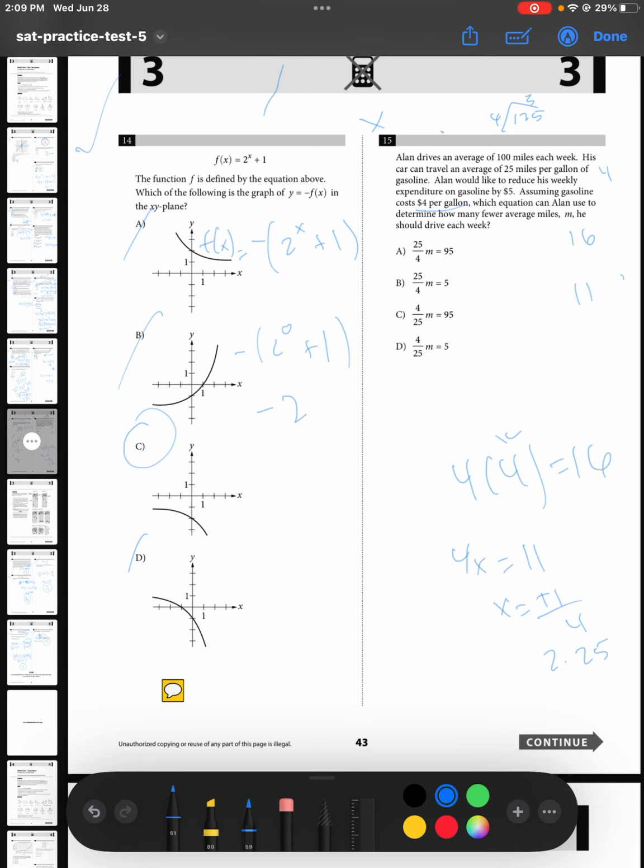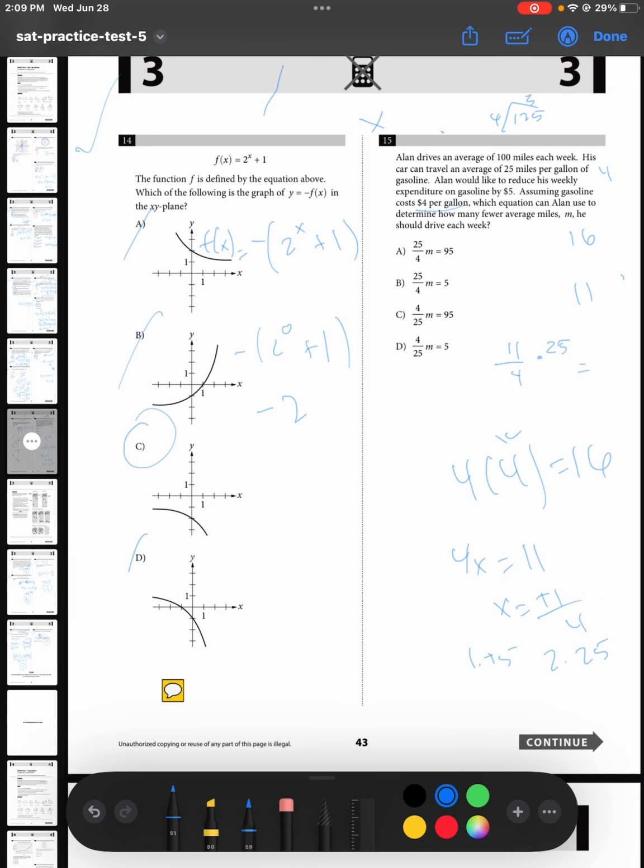Now I'm forgetting what I did. So it's 1.75 fewer gallons. So guys, this is how many gallons.